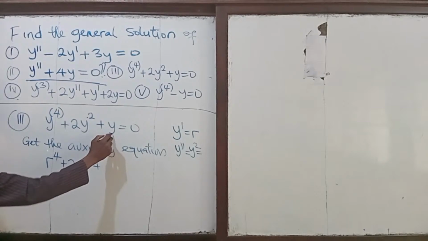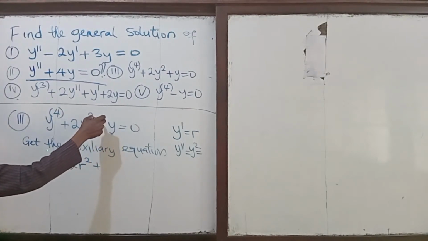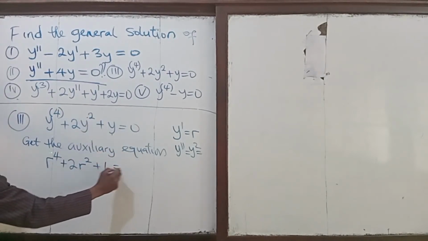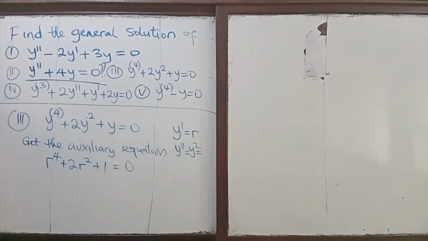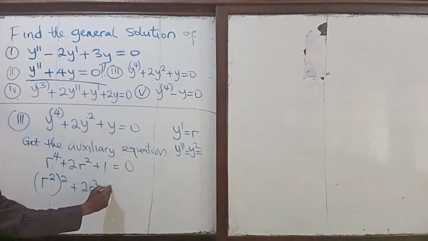The term that has no differential, you just write the coefficient of that, which is 1. Okay, so that's what we have. Then these are r to the power 4, that will be r squared, you double that, plus 2r squared plus 1.